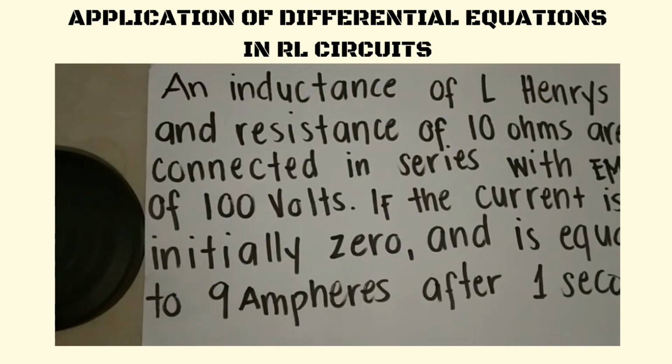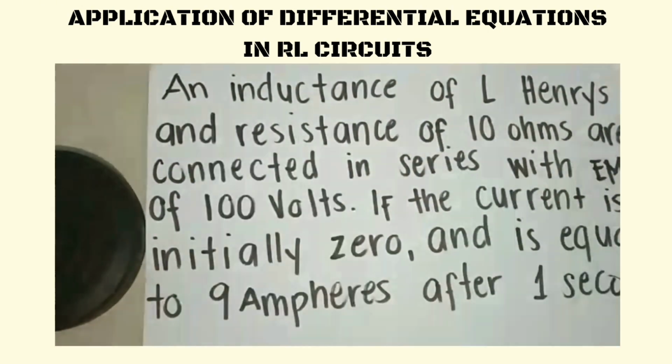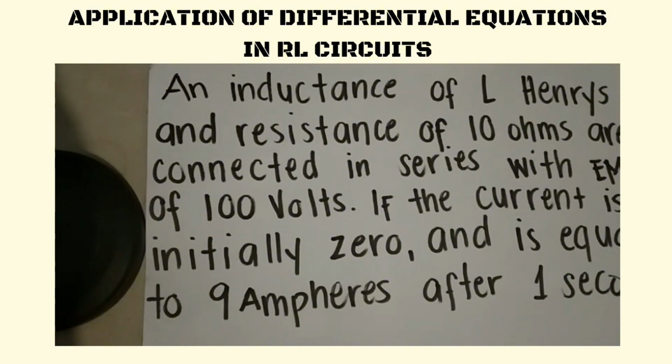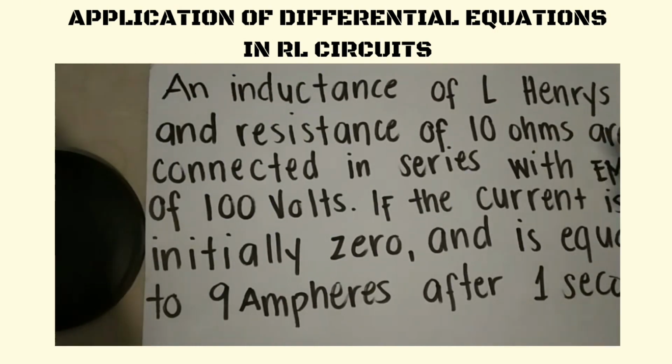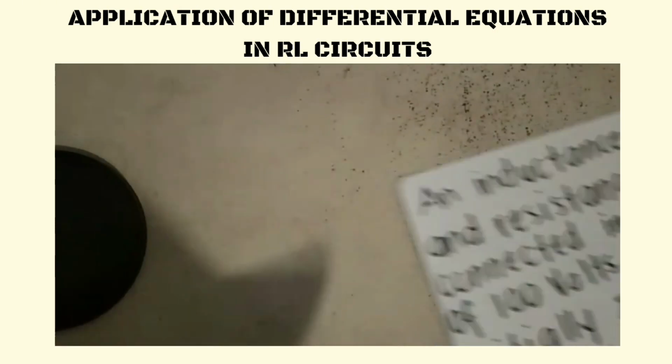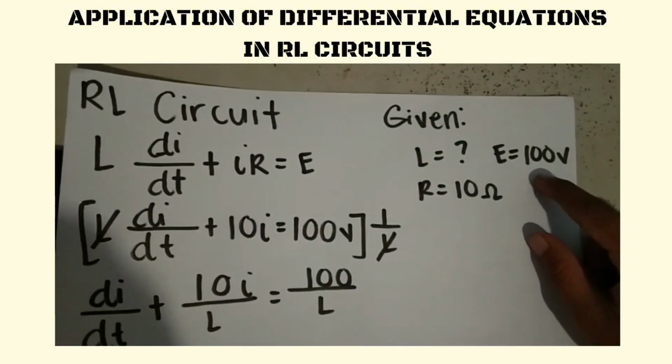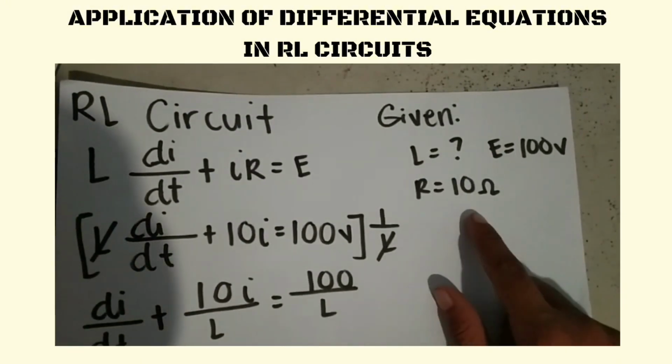RL circuit. Then we have a problem: an inductance of L henry and a resistance of 10 ohms are connected in series with an EMF of 100 volts. If the current is initially 0 and is equal to 9 amperes after 1 second, find L. So the given is E equal to 100 volts, R equal to 10 ohms.